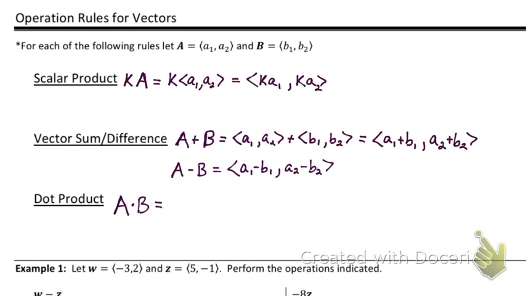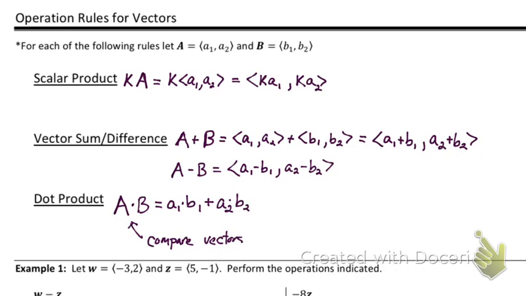So it can't be just a straight off multiplication. Instead, what our dot product is going to be is a sub 1 times b sub 1 plus a sub 2 times b sub 2. So the result is just going to be one number. It will no longer be a vector, it's just going to be a number. And in fact, the only reason we use that number is to compare vectors to each other.